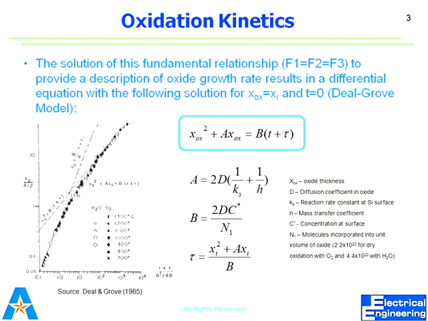So tau is the time displacement needed to account for the initial oxide layer. This tau tells you what the native oxide layer is. If you start and it initially has some oxide layer, we call it the initial oxide layer or the native oxide layer.